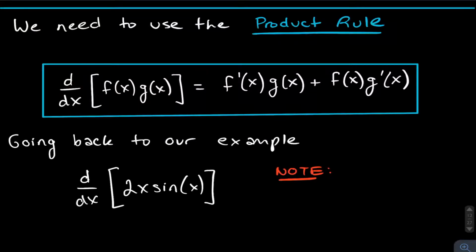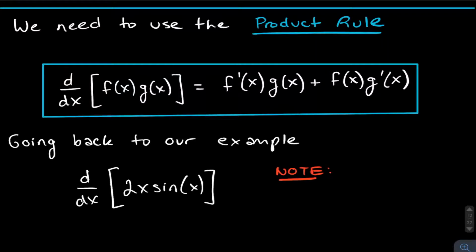That's long story short. What the product rule says, and don't worry, I'm going to make this notation a little easier to see in a second, is that the derivative with respect to x of two functions being multiplied together, f of x times g of x, is f prime of x times g of x. So the derivative of the first function times the second function, plus the first function times the derivative of the second function.